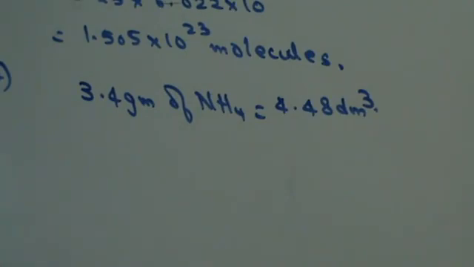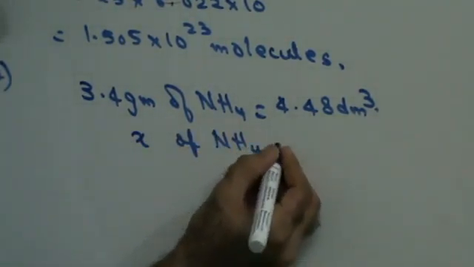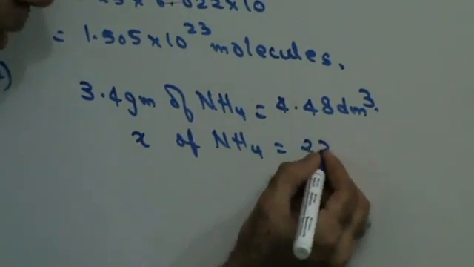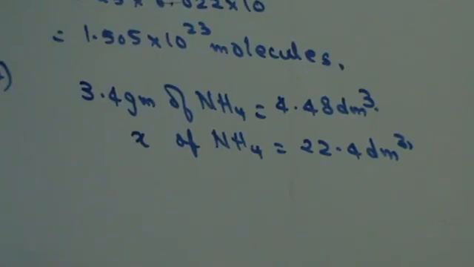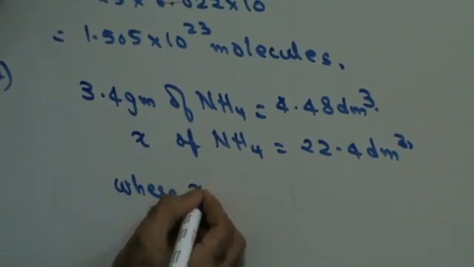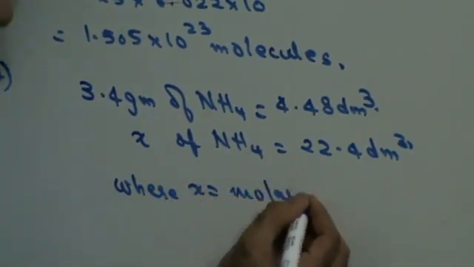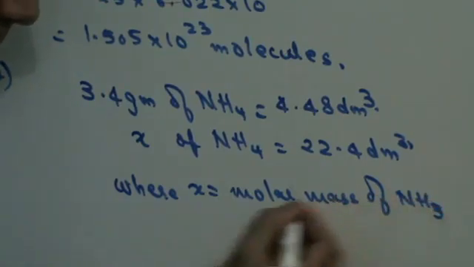So let us assume that x is the molar mass. When they said find the molar mass, it means they have asked you to find the number of moles. So let us assume that x grams of ammonia occupies 22.4 decimeter cube, where x is the molar mass of ammonia in grams.